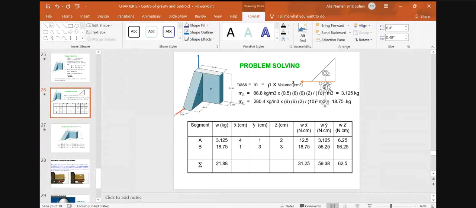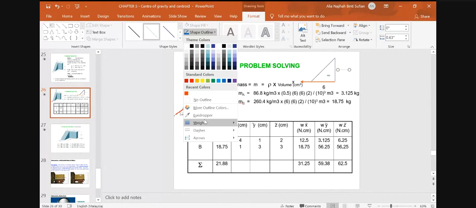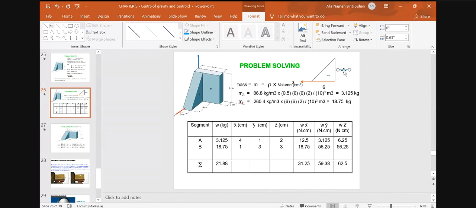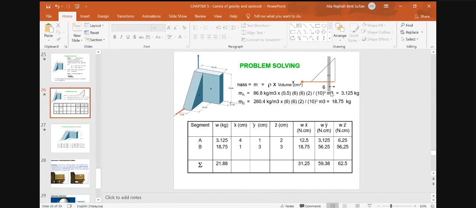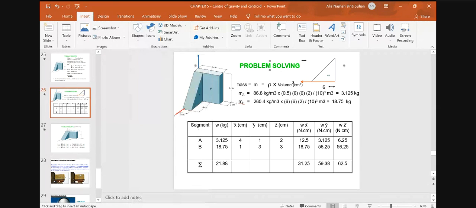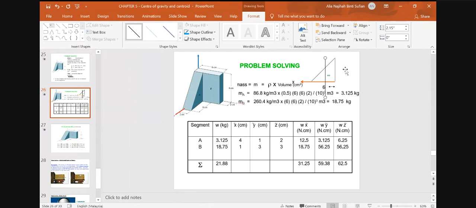So this is the centroid. Okay, this is the centroid now.